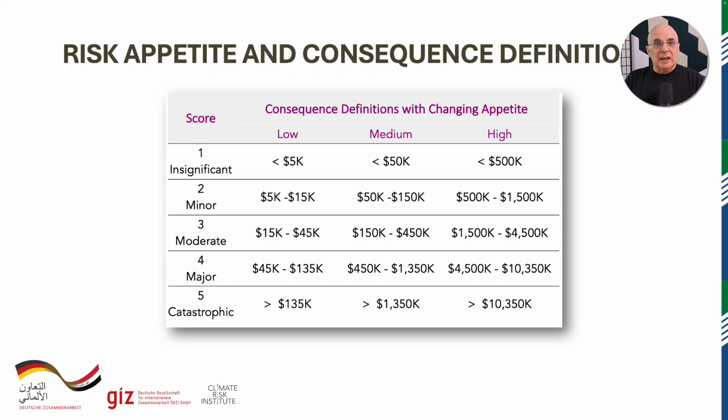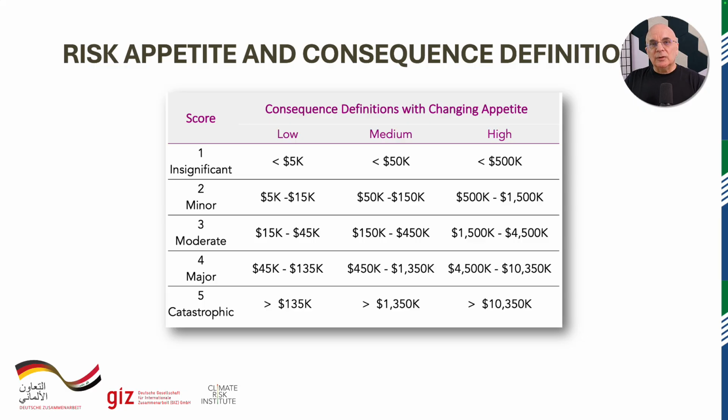So risk appetite can affect consequence. In this chart, I'm using dollars because it's CCDC quantitative results and how they apply to each other. But we can see how, as an organization's risk appetite changes across the scale, the definitions of what is significant or minor varies.